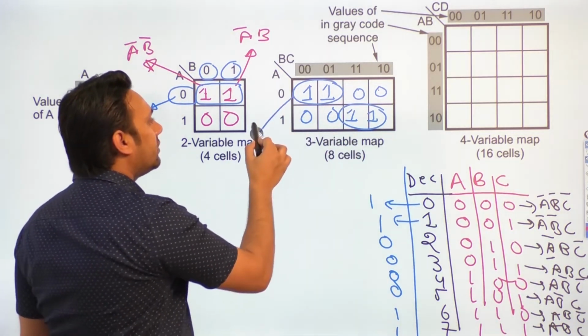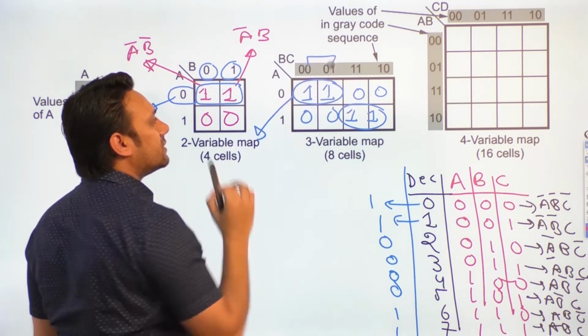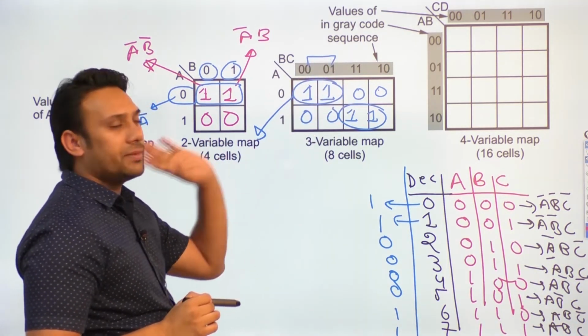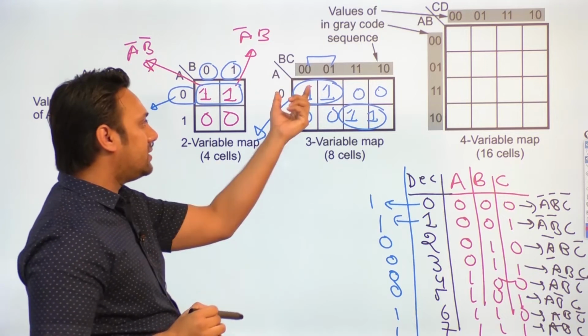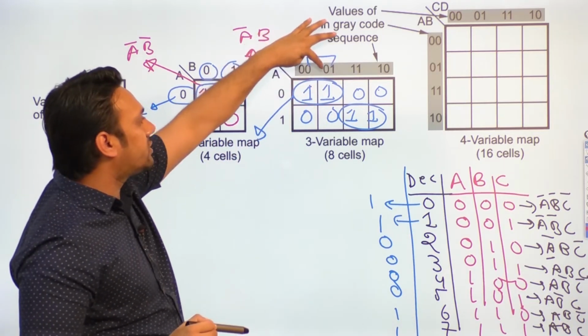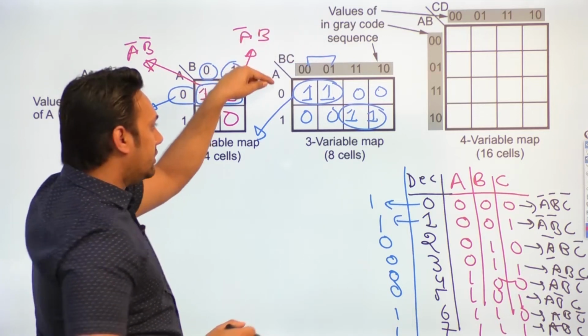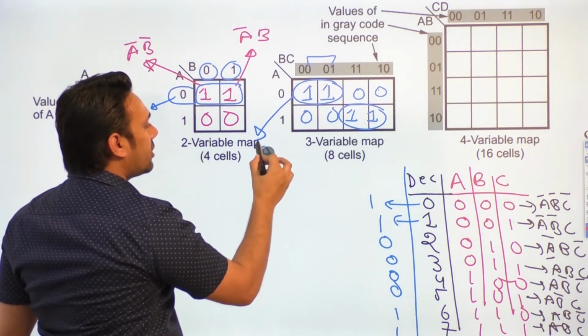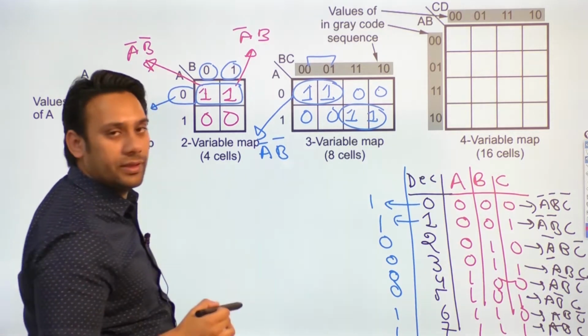So for this cell, which bit is changing? This C is changing. B is remaining the same as well as A is also remaining the same. B भी same है और A भी same है. A की वैल्यू क्या है आपके पास? 0, और B की वैल्यू क्या दोनों cells के लिए? 0, 0. Therefore this combination is representing A complement, B complement. Correct?